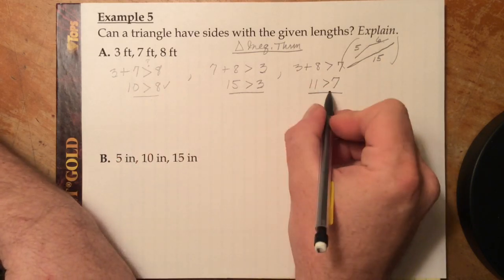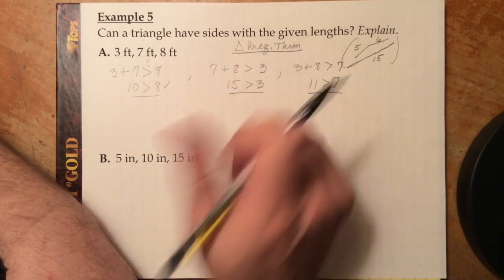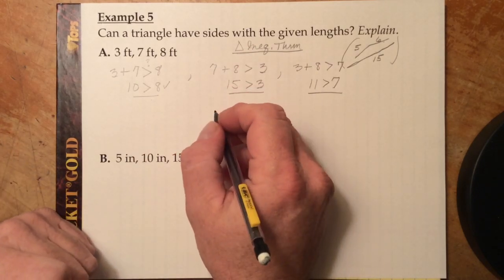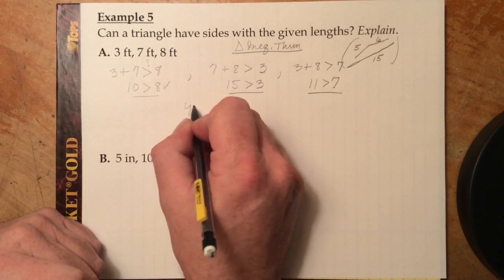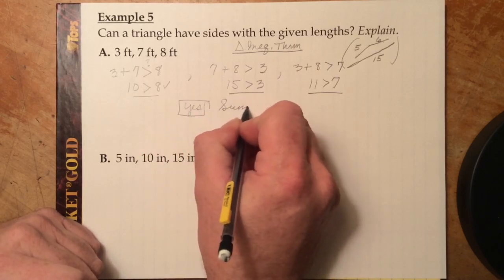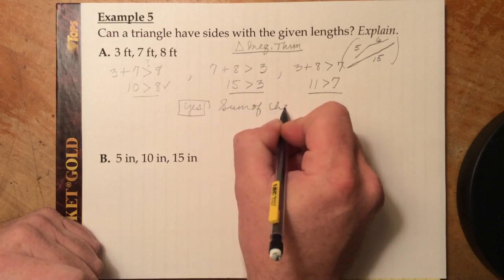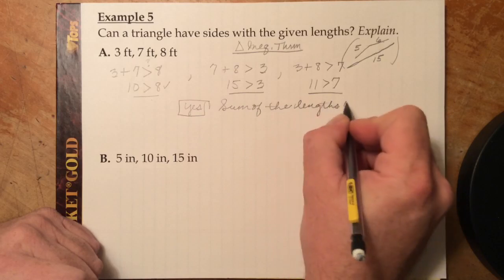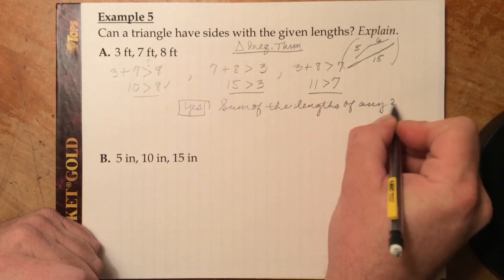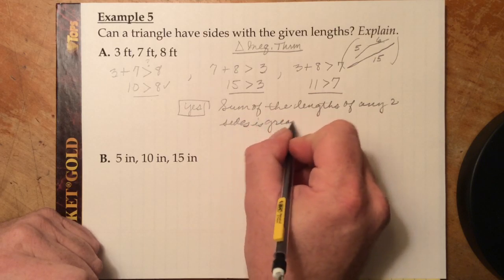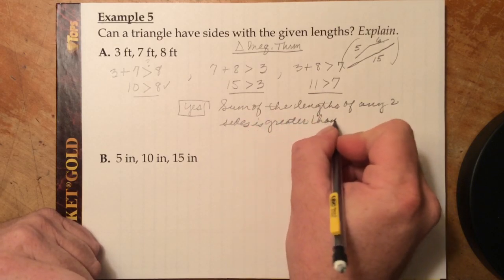Since all three of these are true from the triangle inequality theorem, these three sides will form a triangle. So yes, the sum of the lengths of any two sides is greater than the third.